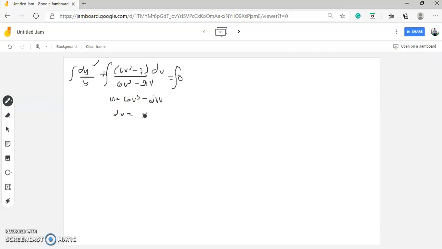What is the derivative of 6v cubed minus 21v?